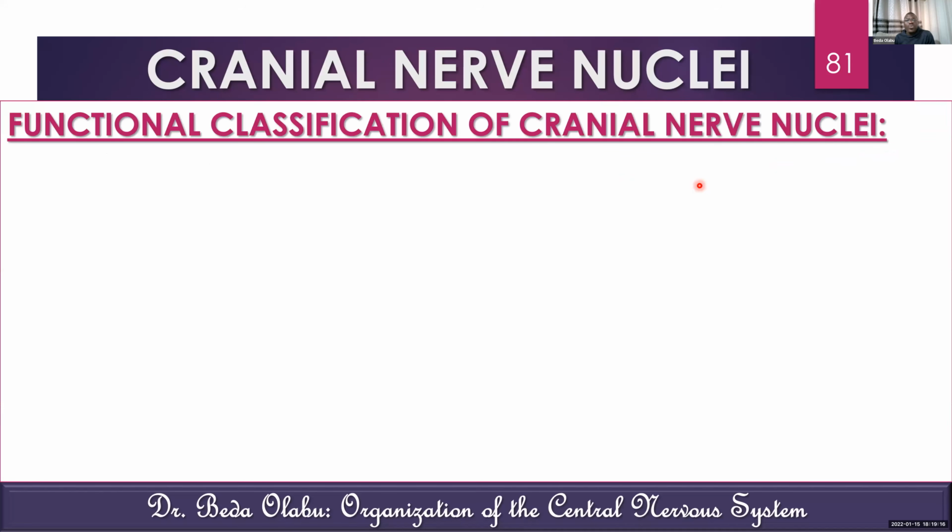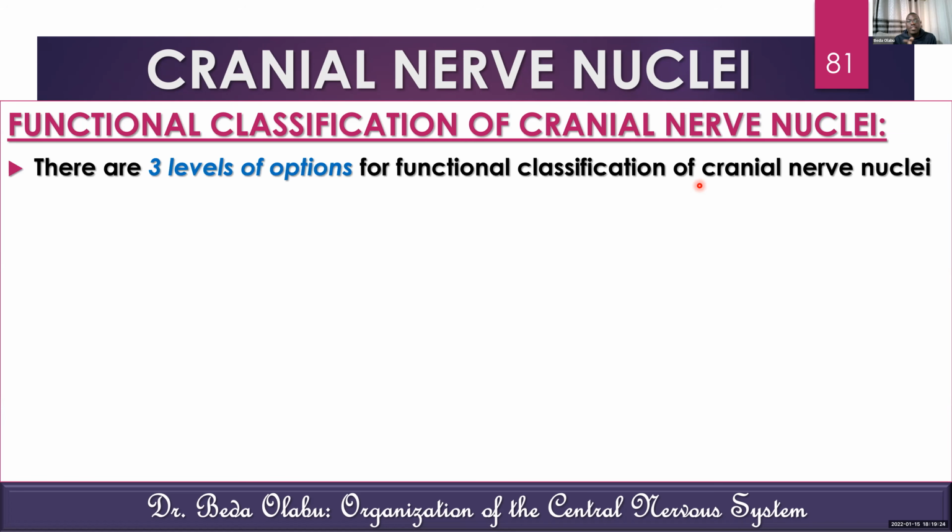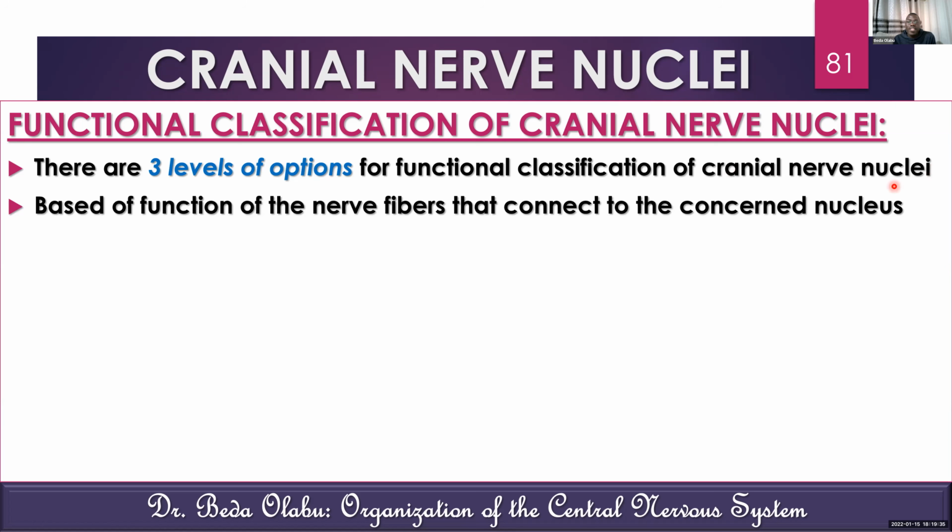So how do we functionally classify the cranial nerve nuclei? There are 3 levels of options that are used to classify the cranial nerve nuclei. These 3 levels of options are based on the function that the nerve fibers within that cranial nerve actually serve.